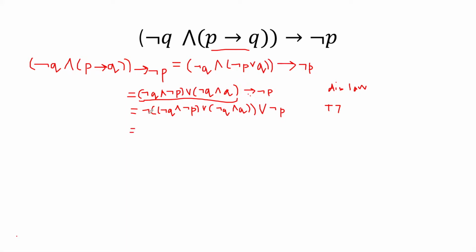So now this will be changed to Q and negation P, and this is negation Q and Q or negation P. This one by using De Morgan law.